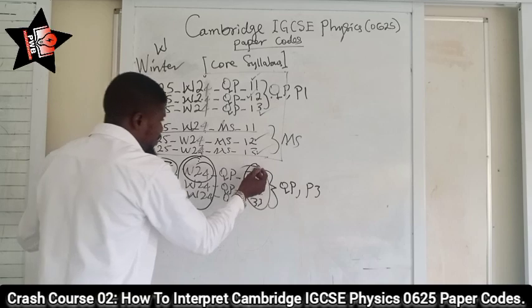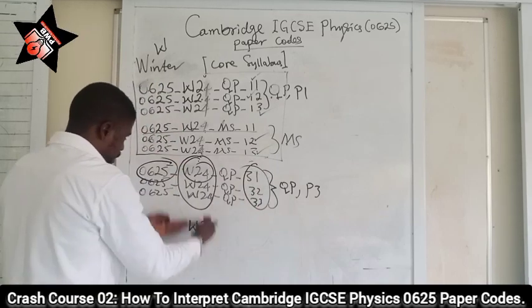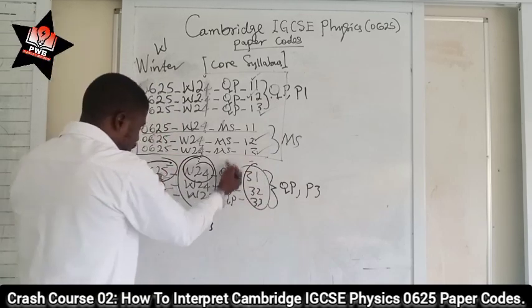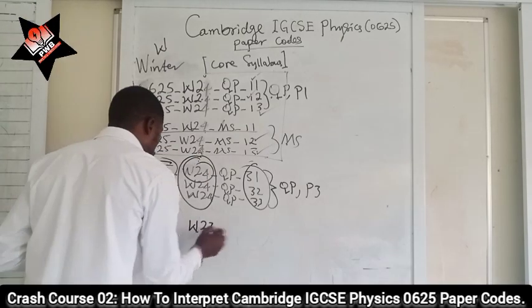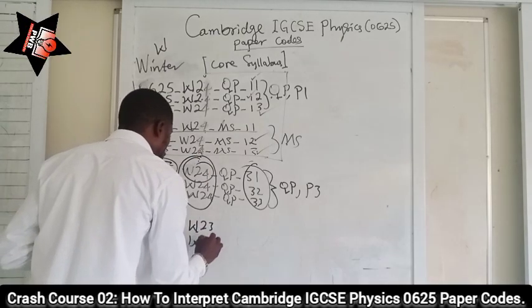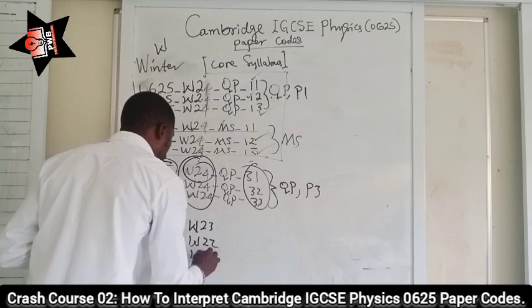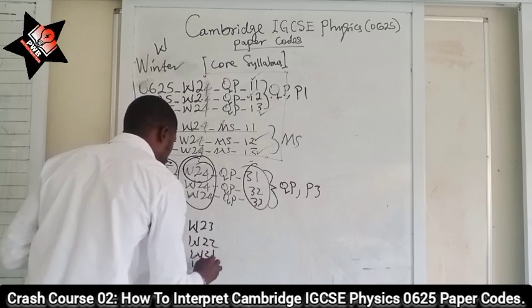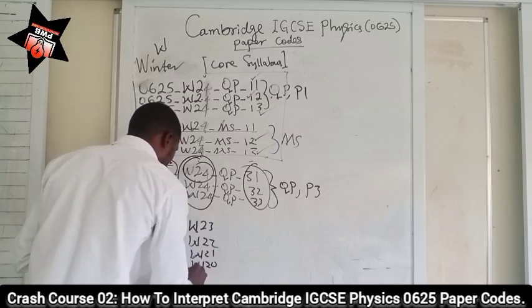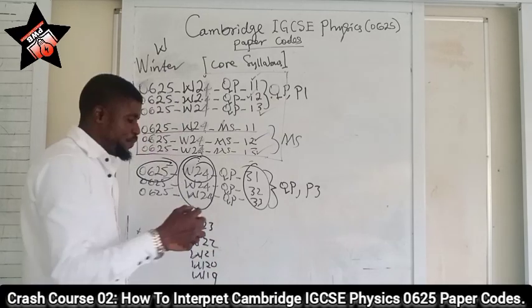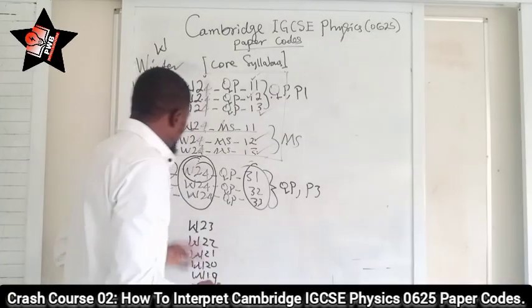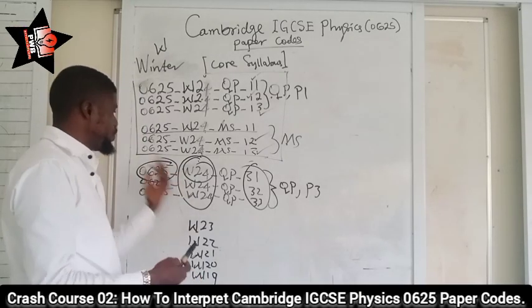For materials having this same code, but in the middle here, you have W23, W22, W21, W20, W19, 1, 2, 3, 4, 5. 5 years backward is good. So you choose materials that have to do with this.